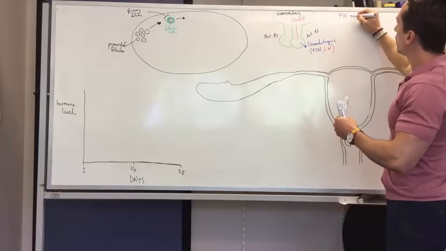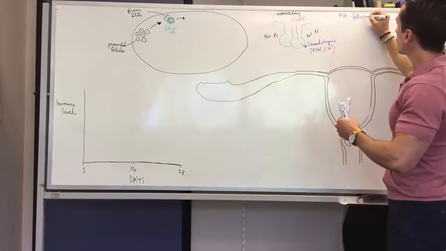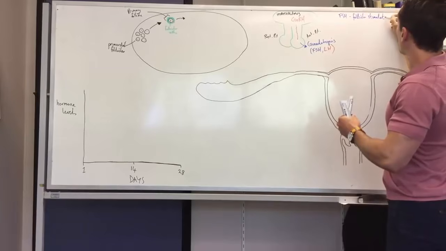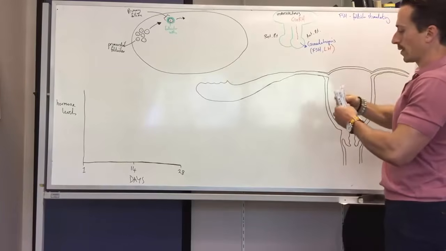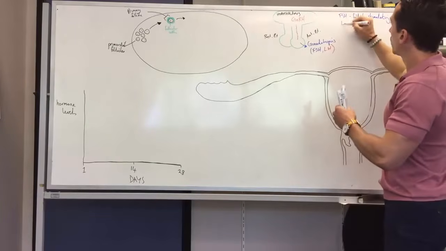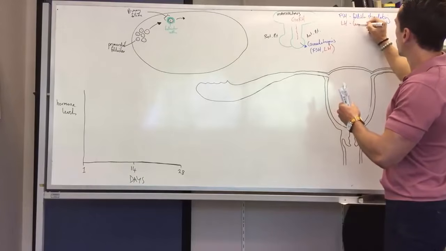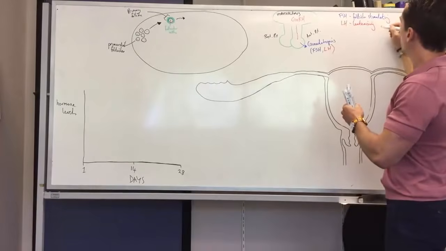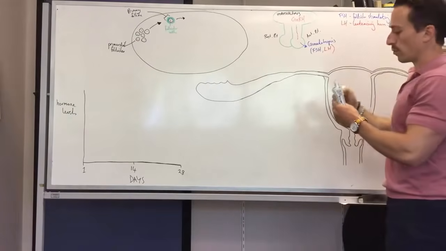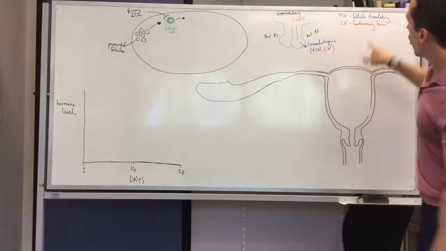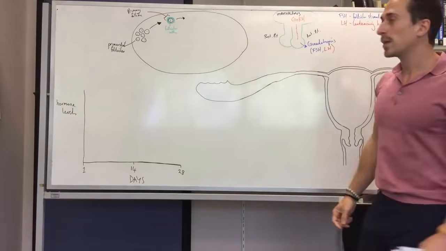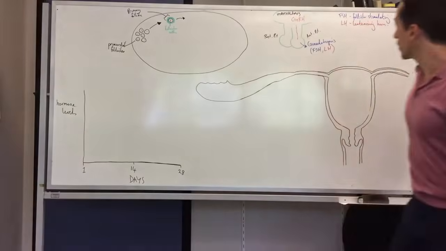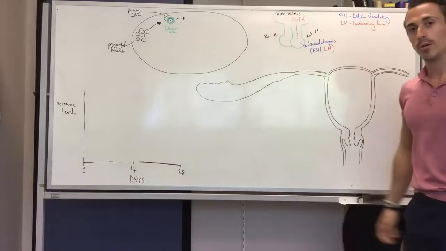FSH is follicle stimulating hormone, and LH is luteinizing hormone. So, which one of these two do you think is going to stimulate this follicle from going from primary to secondary? Well, it's going to be the follicle stimulating hormone.